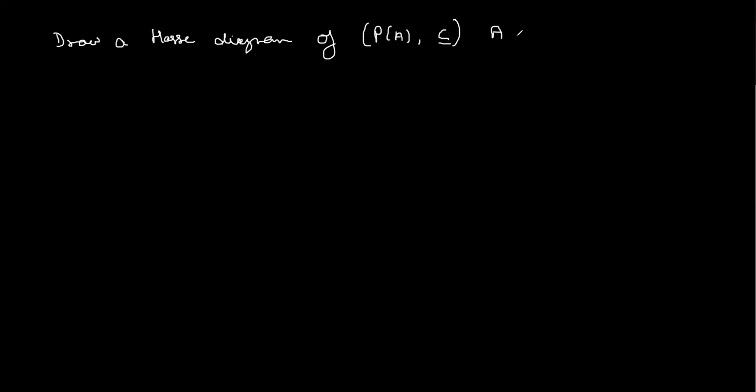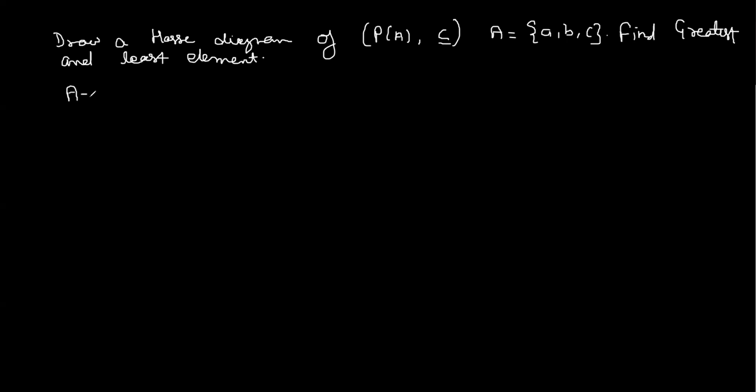Where A is, let's suppose, {A, B, C}. Also find the greatest and least element. Okay, now see. This is the question and this is my solution. A is what?